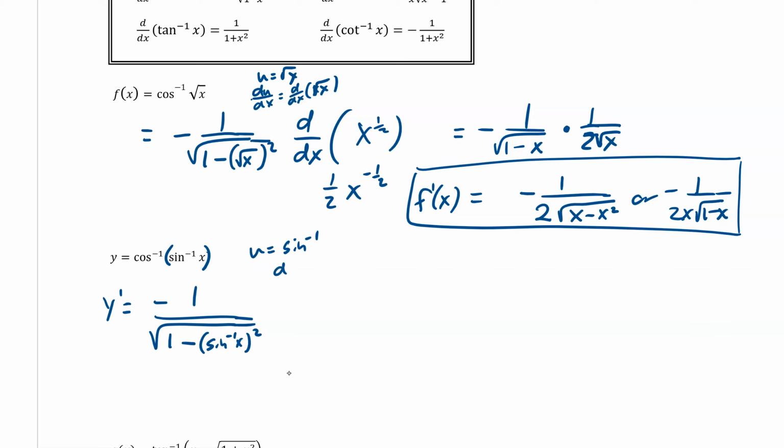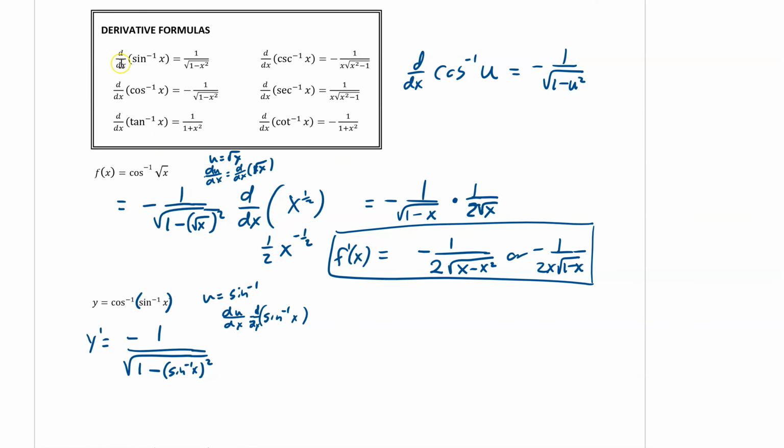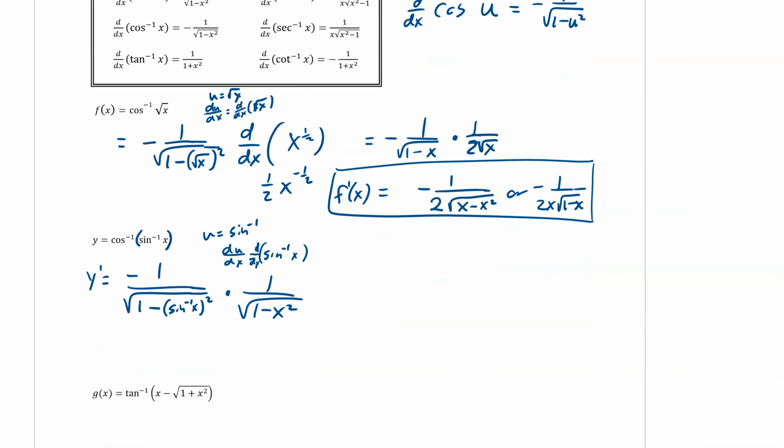So du/dx of inverse sine, I forgot the d/dx, inverse sine of x. And so now we go up to our inverse sine of x and we just write out what it is. So see, the nice thing about these is they just give you the answer. So now we just put times 1 over the square root of 1 minus x squared, and there we have it.